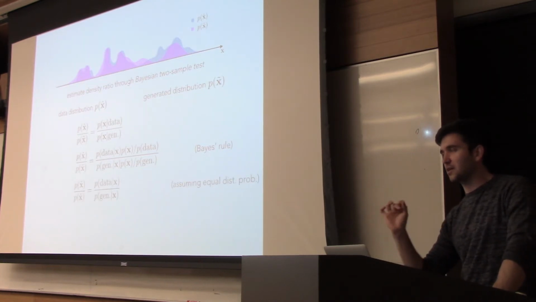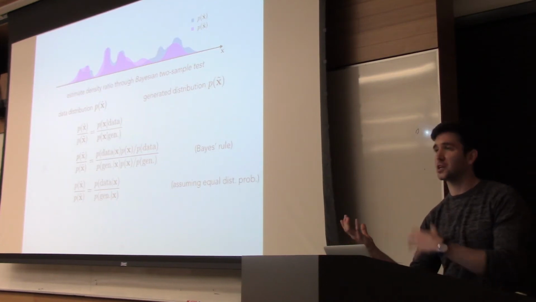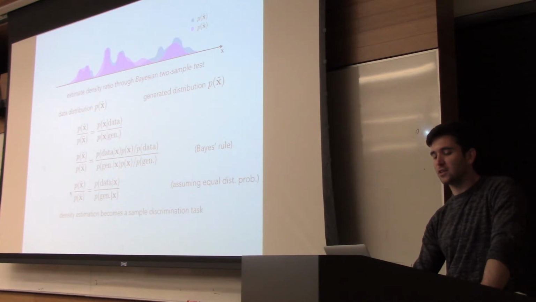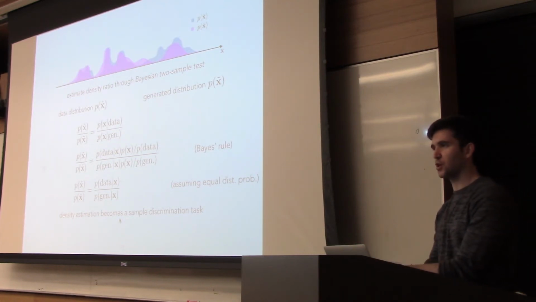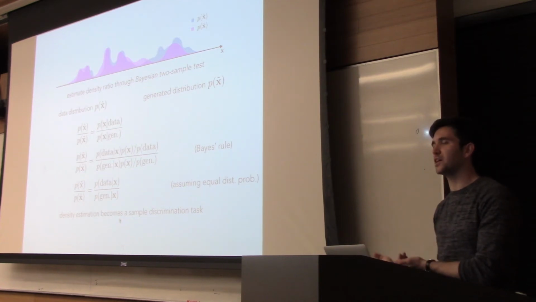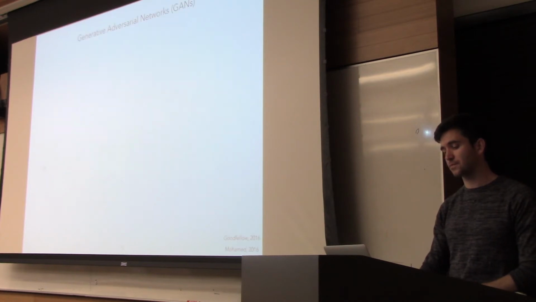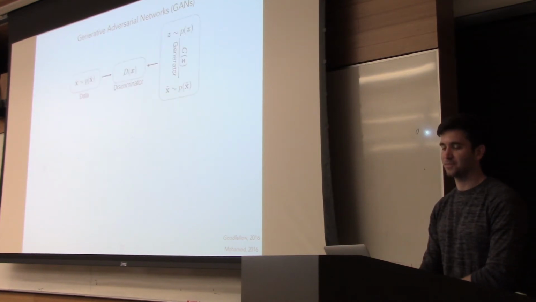And then, if you assume equal distributions of true data distribution and model data distribution, you can simply write the ratio of these densities as a discrimination task of, is this from the data or is this from my generated distribution? So if you can discriminate between these models, that provides a learning signal for improving the density of your model. And this is the main idea behind generative adversarial networks, which are referred to as GANs.